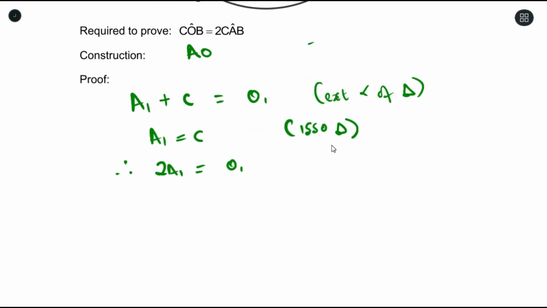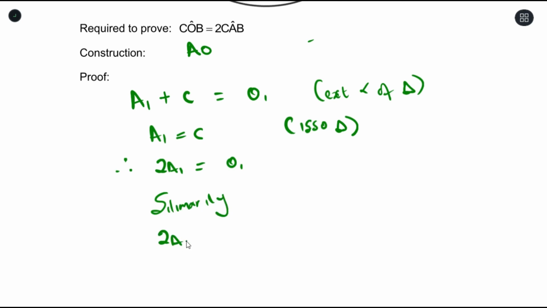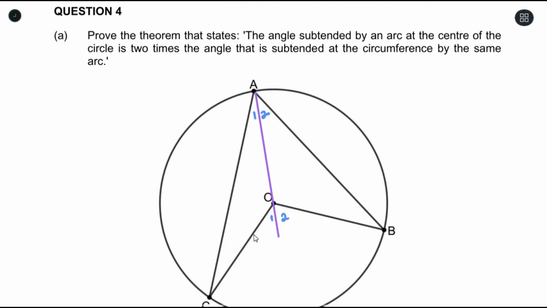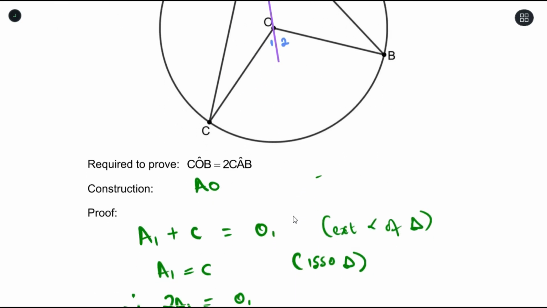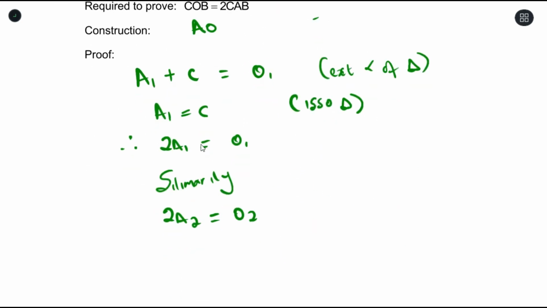If that's the case, we could say similarly, 2A2 would be equal to O2. So we'll do the exact same thing. We start with the fact that A2 plus B is equal to O2. We would also say that A2 is equal to B, and therefore 2A2 is equal to O2. Without going through all the stress, since those two triangles are similar, we can say similarly, this is also true.